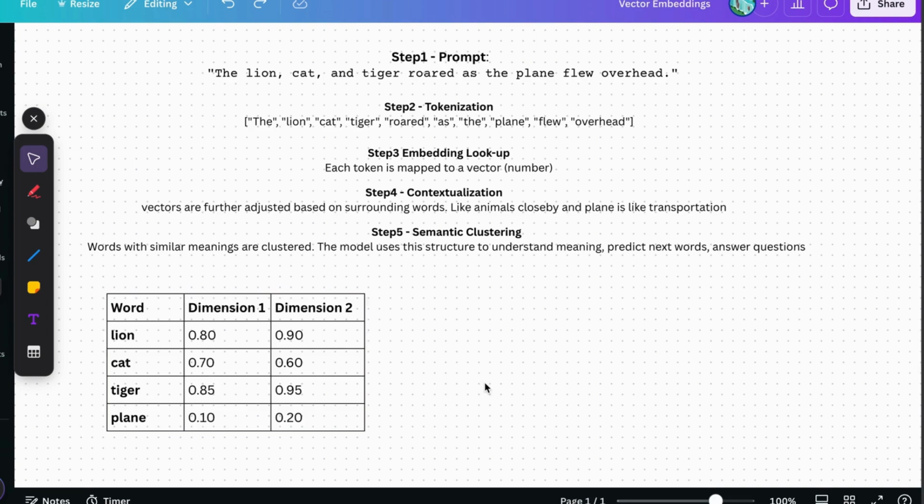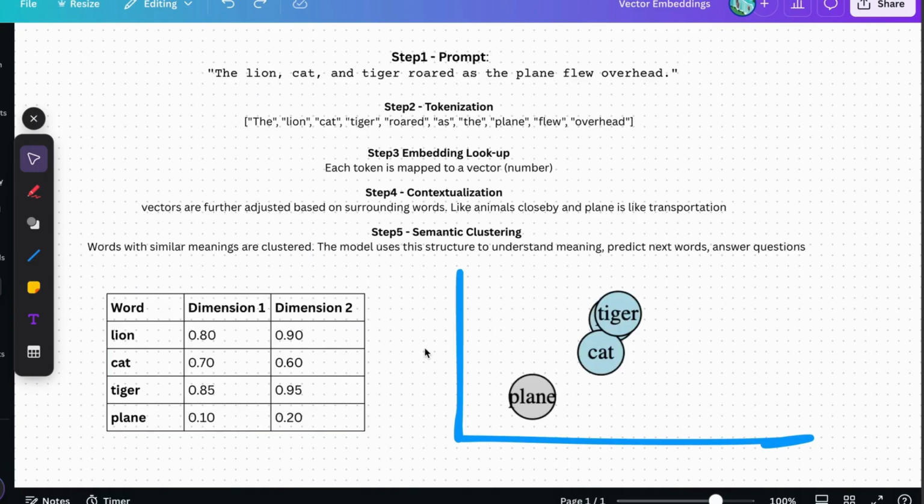If I plot this in a graphical view, in two dimensions, say x axis and y axis, representing all these words based on their values, this is how they look. See, plane is completely somewhere else, and all these others form a category or a cluster.